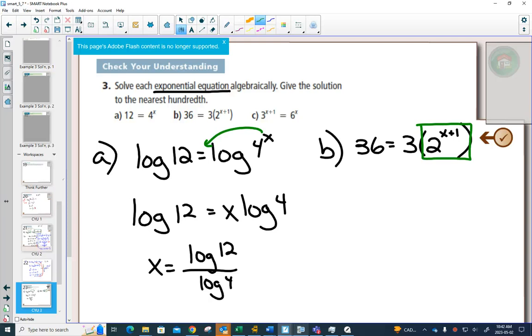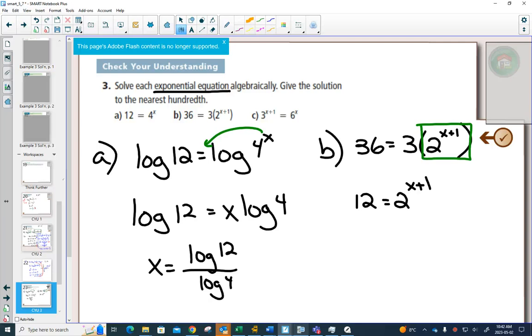But if you can simplify, and in this case, I could divide both sides by 3 and get 12 equals 2 to the x plus 1. If I can do that early, my life is going to be easier in solving. I'll solve it the long way too and show you what that looks like. But I divided both sides by 3, and now I've got my power by itself.